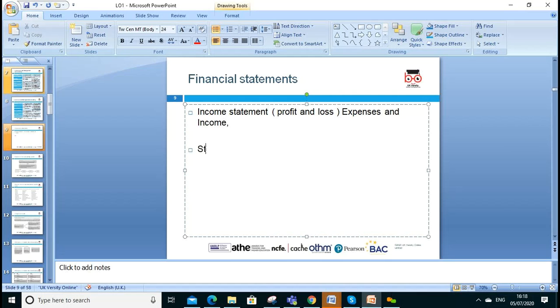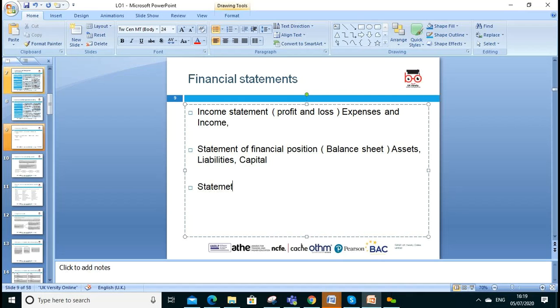Second is the statement of financial position, also known as the balance sheet. It shows assets, how much you own, like property, plant, and equipment; liabilities, how much you owe; and capital, how much investment you have in the business.